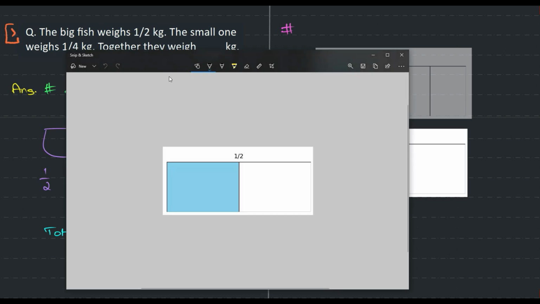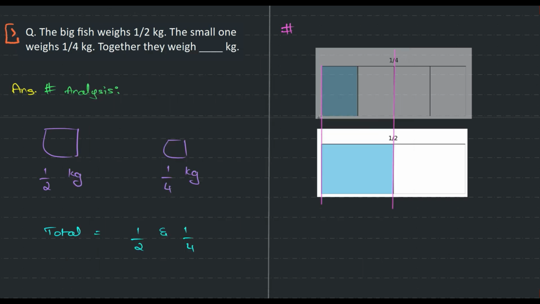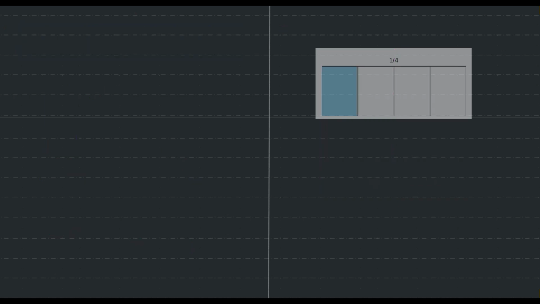Now, if I copy this part and paste it, can you see what's happening? It's occupying. Let me close everything else.